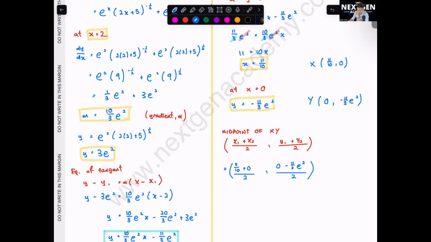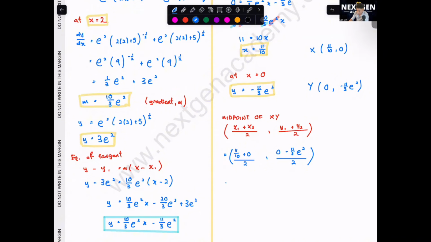You just need to take the denominator and multiply by 2. So we'll get here 11 over 20, minus 11 over 6 e squared. Put it in point form, which is a bracket like this.